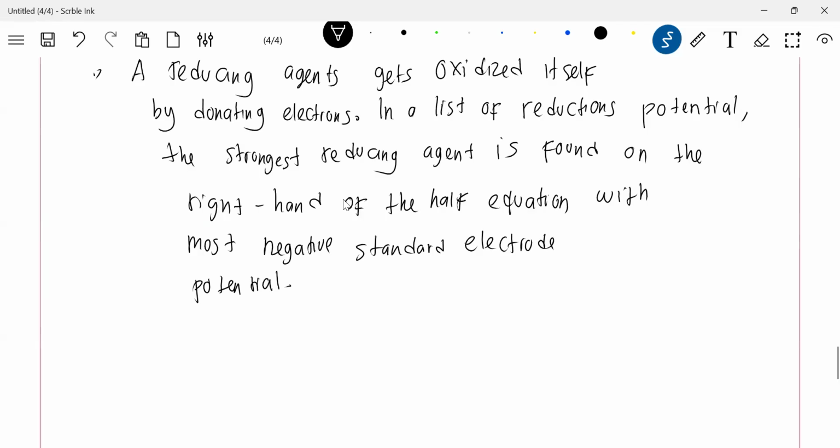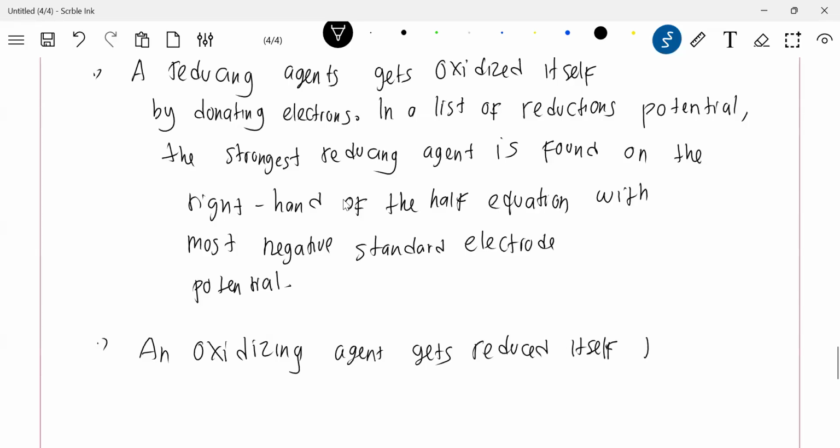And what about an oxidizing agent, sir? An oxidizing agent gets reduced itself by accepting electrons.